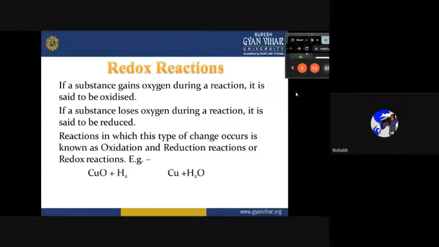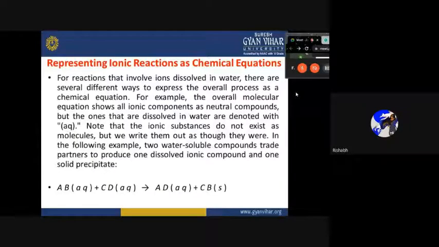Redox reaction. We will proceed with representing ionic reactions as chemical equations. How to write the equations? For reactions that involve ions dissolved in water, there are several different ways to express the overall process as a chemical equation.